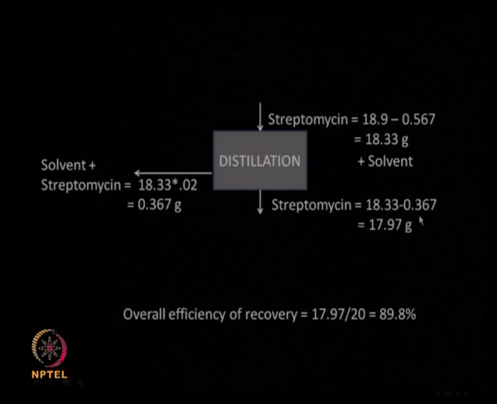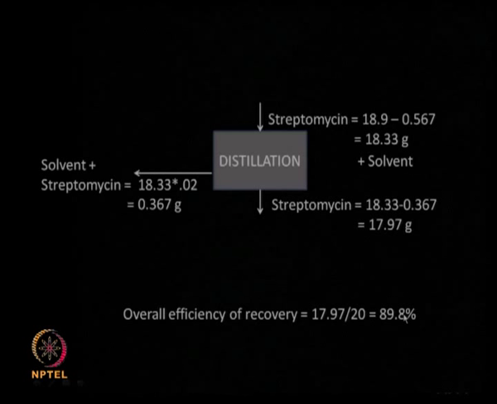So only 17.97 grams of streptomycin you are able to recover in hand. So you started with 20 grams and you are ending up with 17.97 grams. So the overall efficiency is 17.97 divided by 20, so approximately 90%.